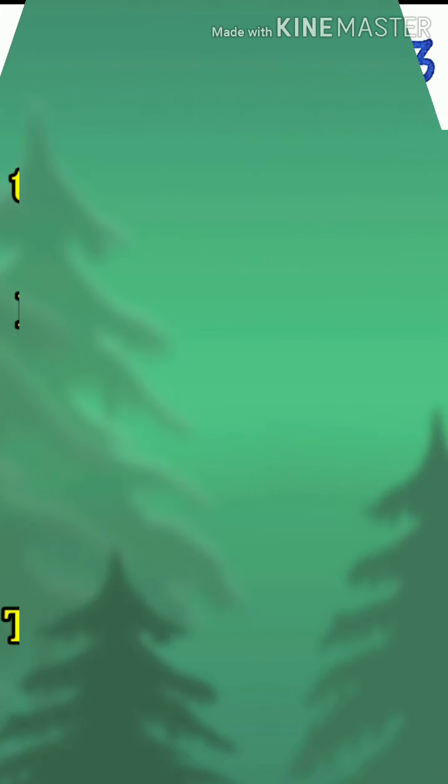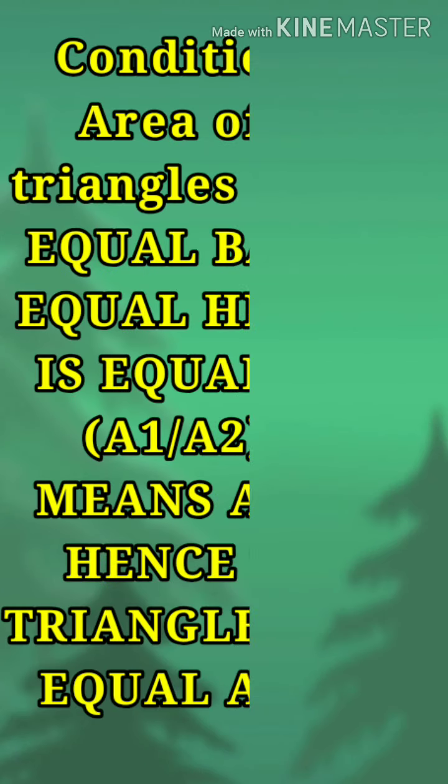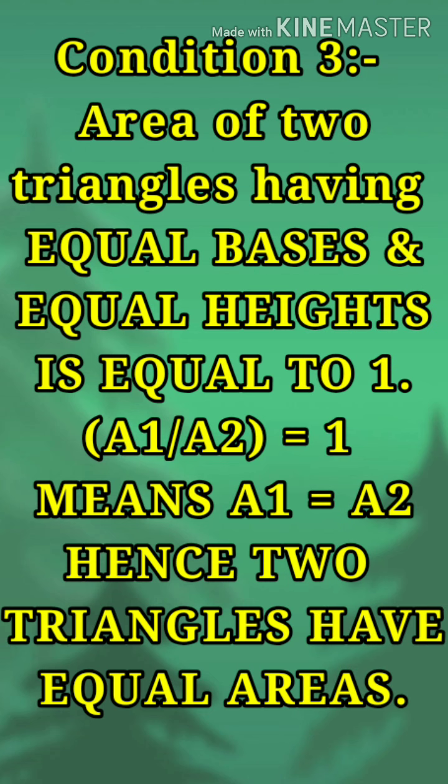Now condition 3 is here: the ratio of areas of two triangles having equal bases and equal heights is equal to 1. A1 upon A2 is equal to 1 means A1 is equal to A2. Hence two triangles have equal areas.